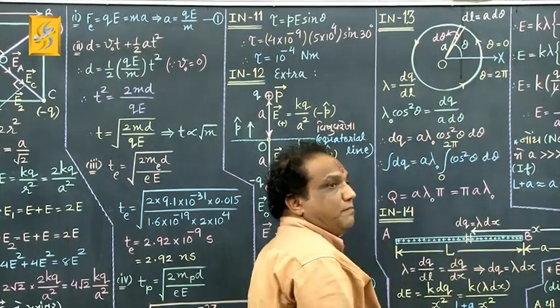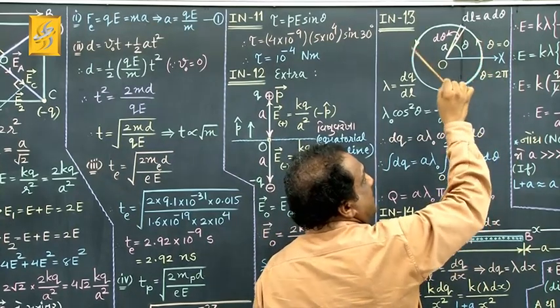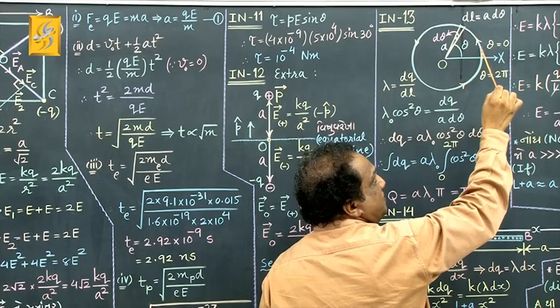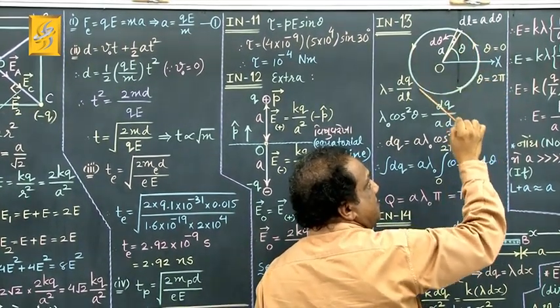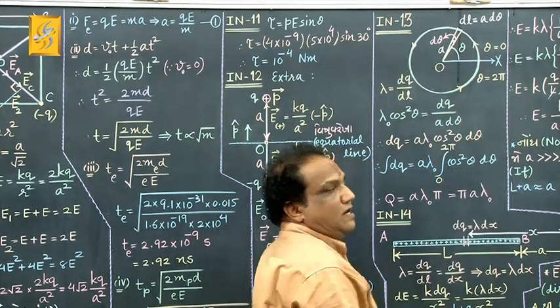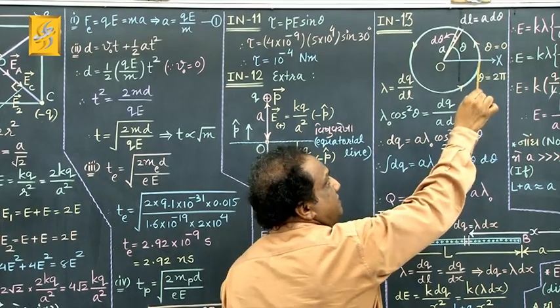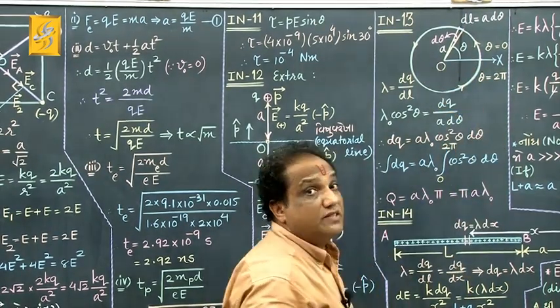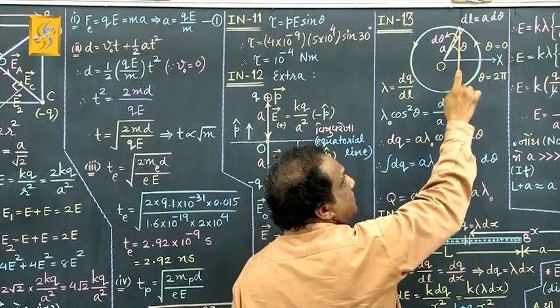Mind well, my dears, here you don't consider simply a geometrical circle. There is a presence of point charges arranged continuously. Now you just divide this entire length into extremely small length elements. One such small length element I have shown here.